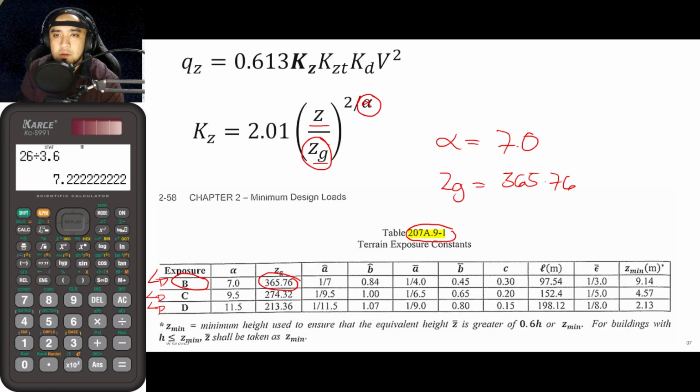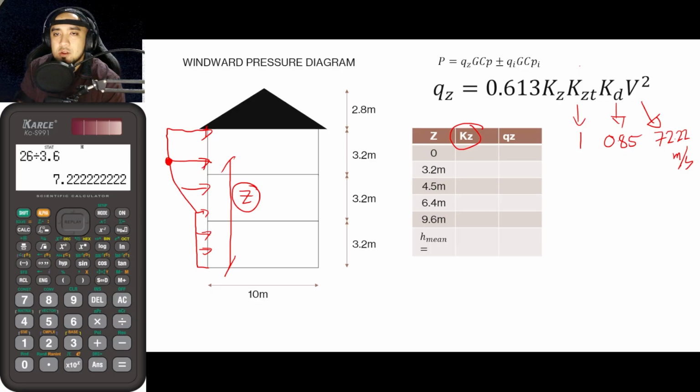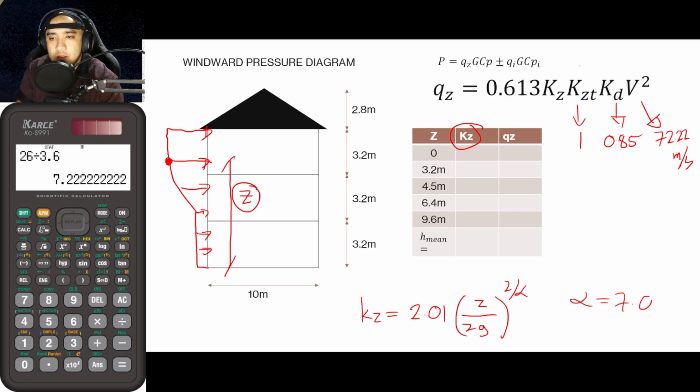Okay? We will be making use of those values in order to solve for Kz. So once again, Kz is equal to 2.01 times Z over Zg raised to 2 over alpha, where alpha is equal to 7 and Zg is equal to 365.76. Again, guys, this is only true for exposure B.